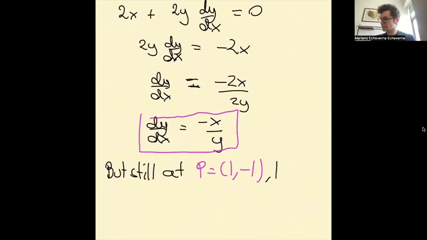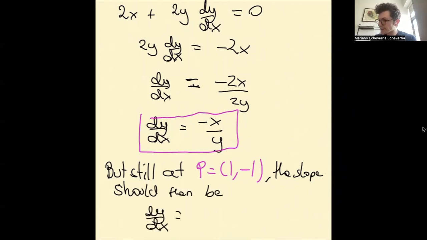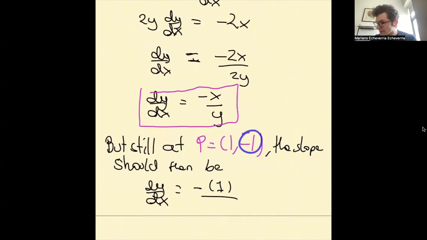The slope should then be minus x, but now minus x is minus 1, divided by y, and y is now negative 1. Okay, so you see, we still get that the slope is 1.